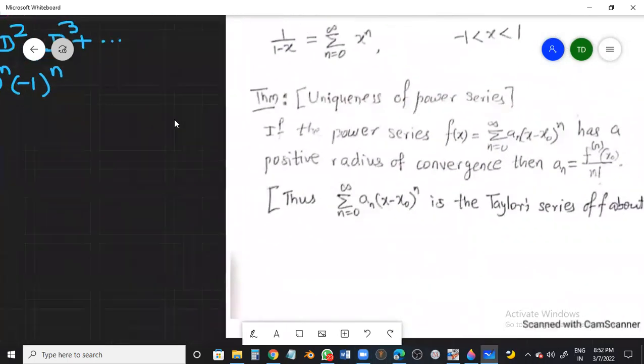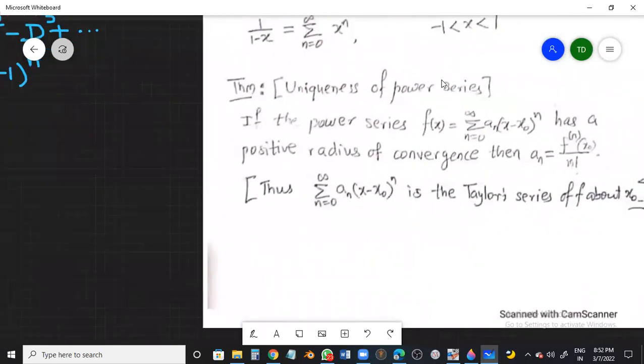Now let us see the uniqueness of power series. If the power series f of x equal to summation n equal to 0 to infinity a n times (x minus x naught) raised to n has a positive radius of convergence, then a n is always equal to the nth derivative of f at x naught upon n factorial.